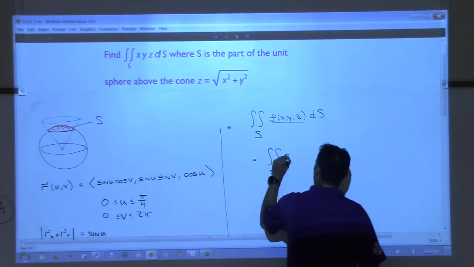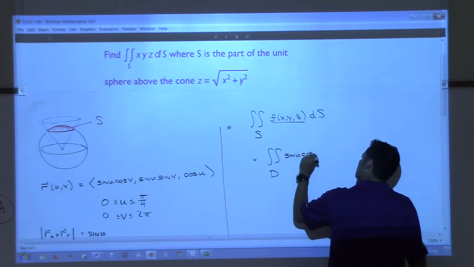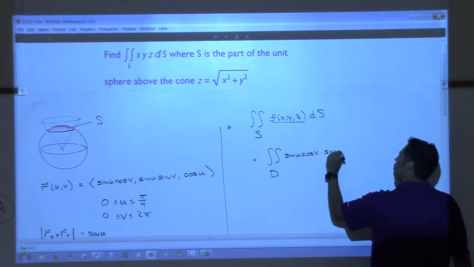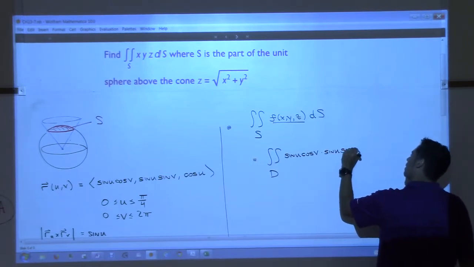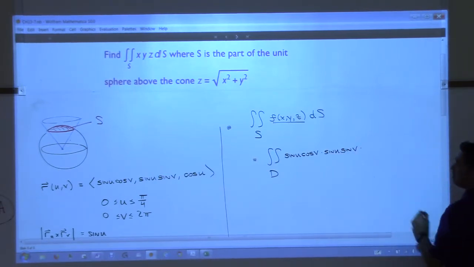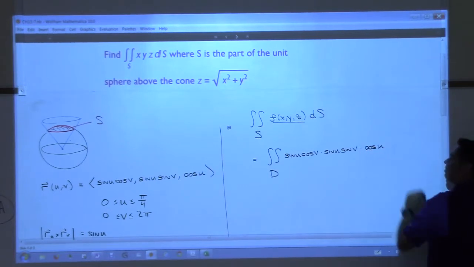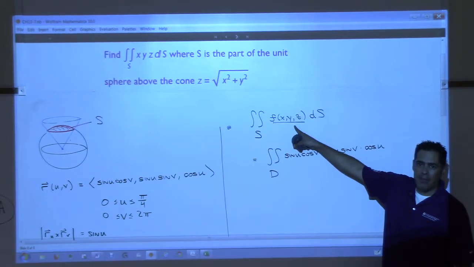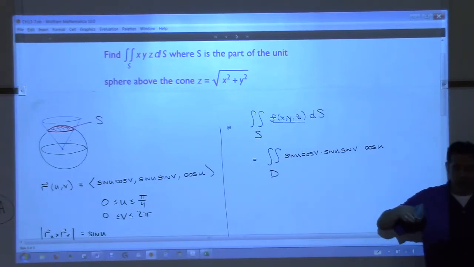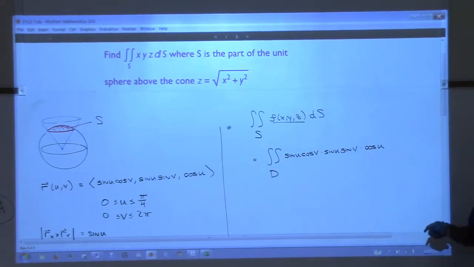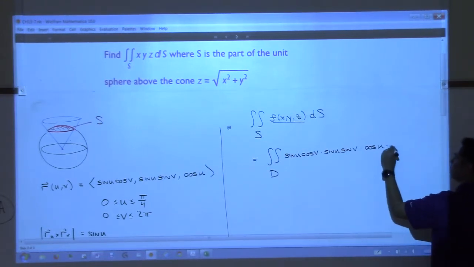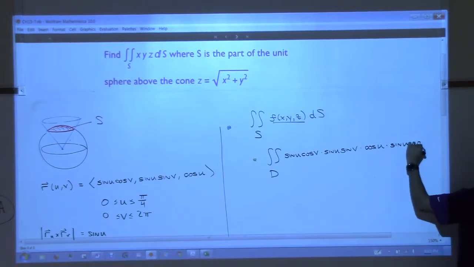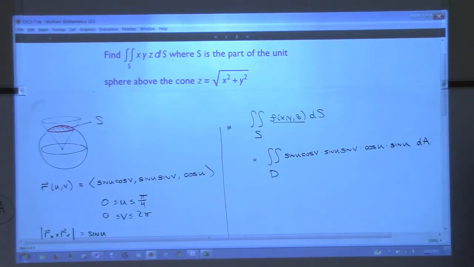So this is sine u cosine v, that's x, times y, which is sine u sine v, times z, which is cosine u. You with me? That's just that. And then the next part is the magnitude of the cross product of the partials, which is sine u, right? And all of this will be with respect to dA, okay?